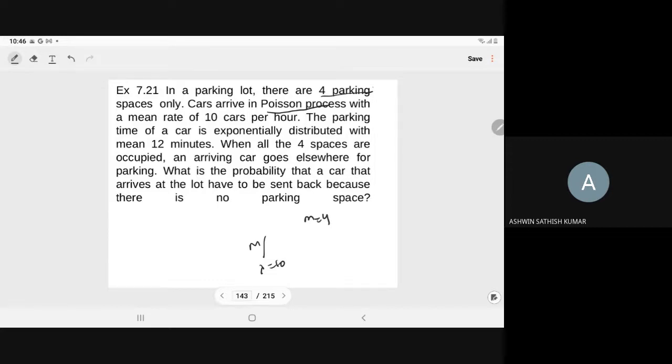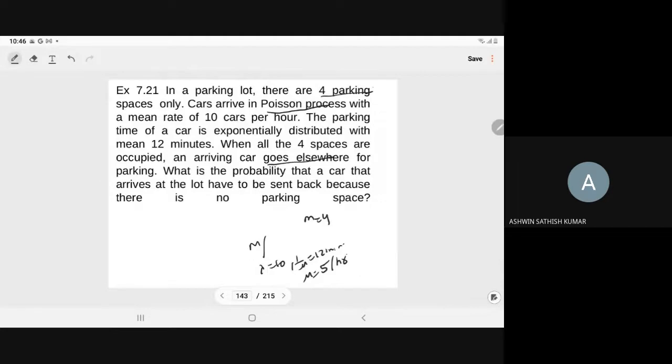The parking time of a car is exponentially distributed with mean 12 minutes. So 1 upon mu is equal to 12 minutes, so mu is equal to 5 cars per hour. When all the 4 spaces are occupied, the arriving car goes elsewhere.